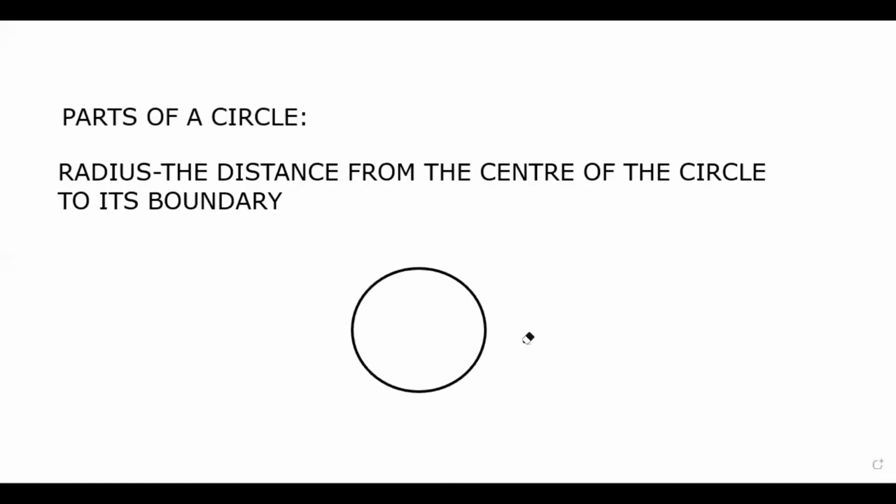So now we're going to do parts of a circle. Now the first part of the circle we're going to do is the radius. Now the radius is the distance from the center of the circle to its boundary. So if this is the center of the circle, then the radius is from the center of the circle to the boundary.